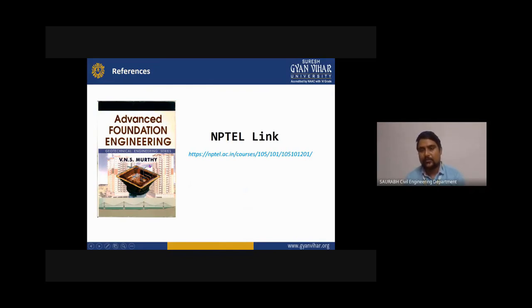And there is also one more important thing. After watching this video, you will understand the difference between rigid pavement and flexible pavement, and the different components of rigid pavement and flexible pavement.